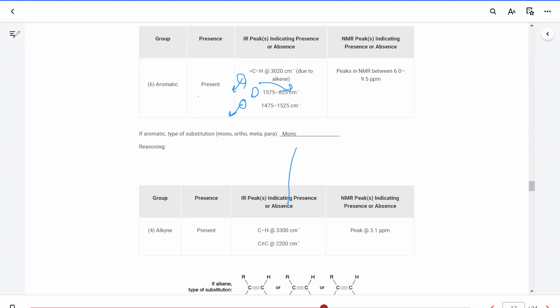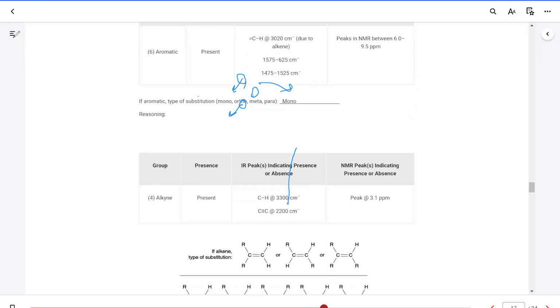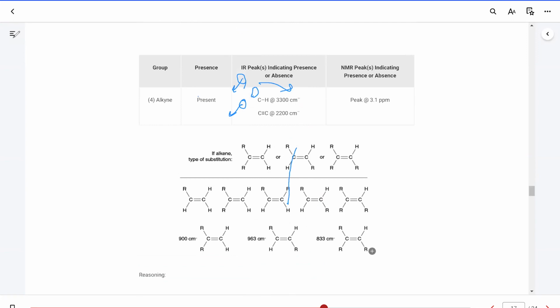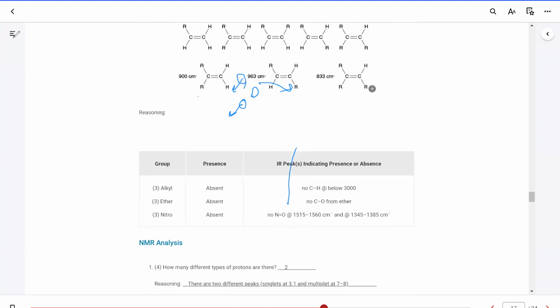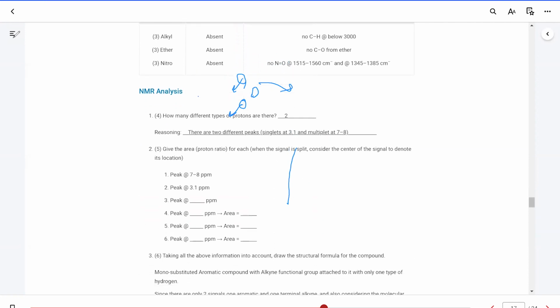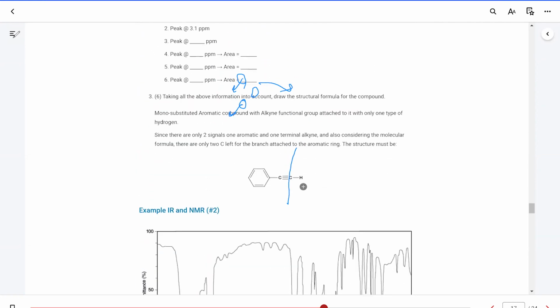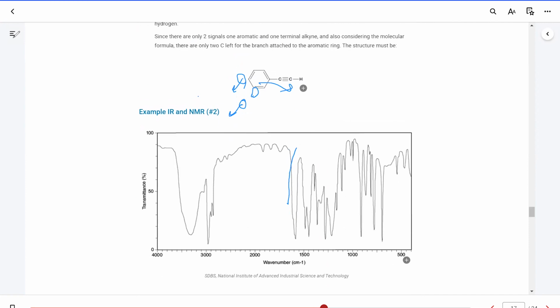If you have a peak between 7 and 8, then that is an aromatic compound. So we know that we have an aromatic compound. For alkyne, we have a peak at 2200, and for the alkyne CH it is going to be at 3300.